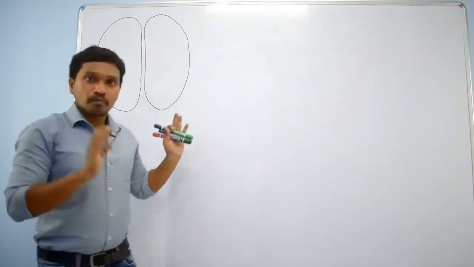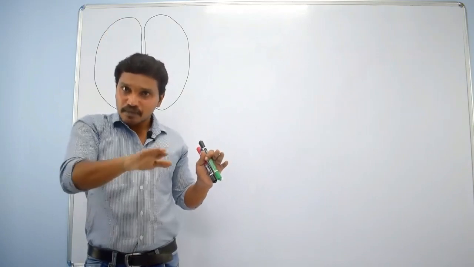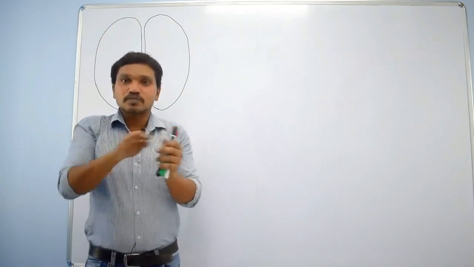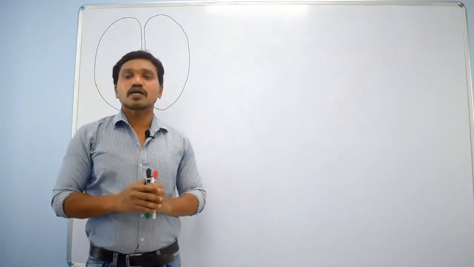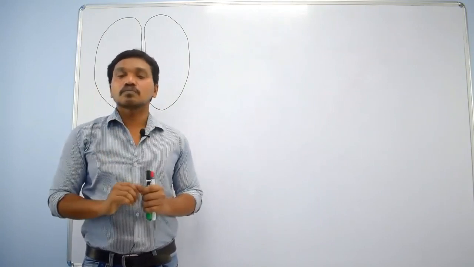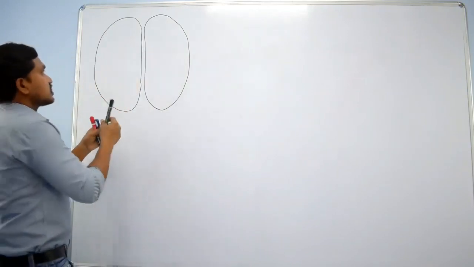Right? But it does not divide totally. In the middle, in the lower part, these two cerebral hemispheres are connected by one white matter. That white matter we call the corpus callosum. So here this is the corpus callosum.